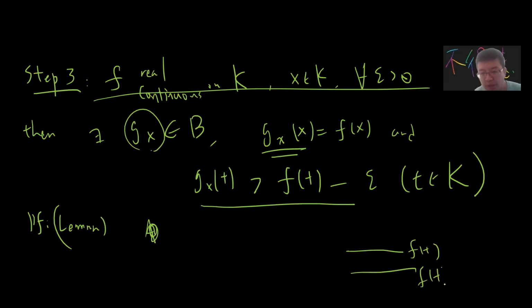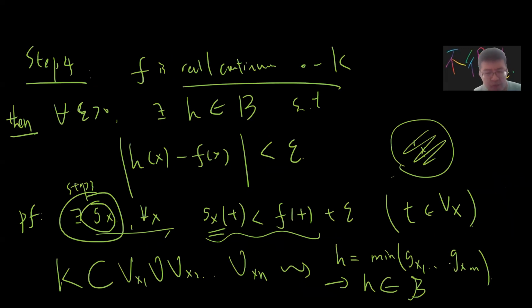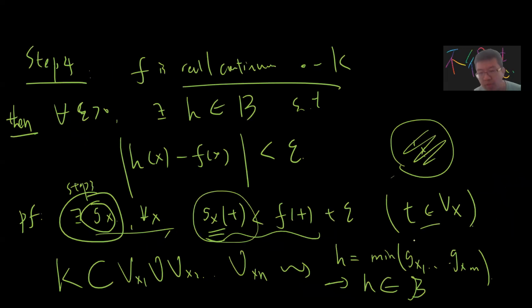This is f(t), and this is f(t) minus epsilon, right? So it's above it here, right? But due to continuity, I can demand this g_x(t) less than f(t) plus epsilon for some t belonging to V_x.